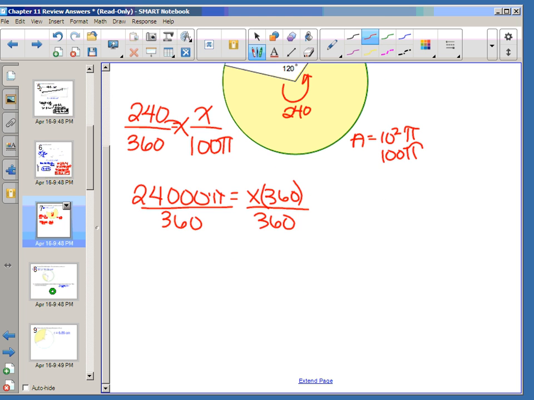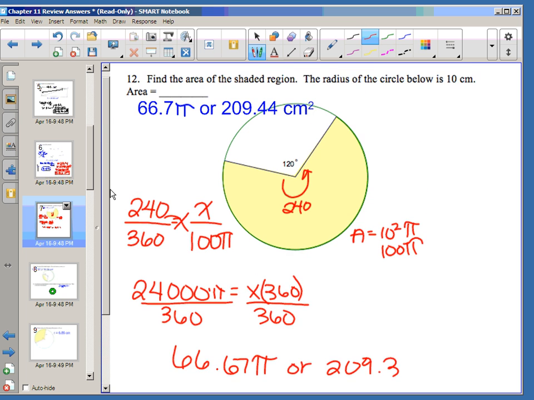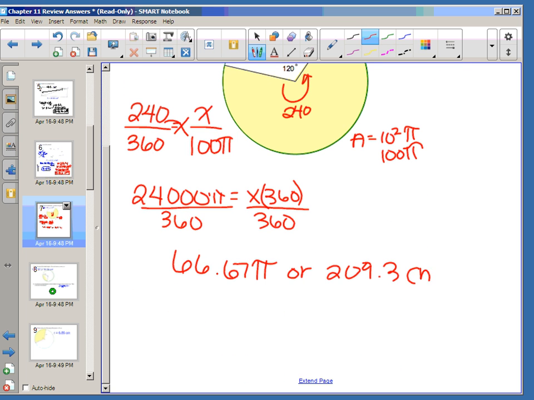And I get the area to be 66.67. And don't forget your pi at the end. Or if you want to get rid of that pi, multiply by 3.14 and you get 209.3. In our units, I believe the radius was in centimeters. So we're going to do centimeters squared.